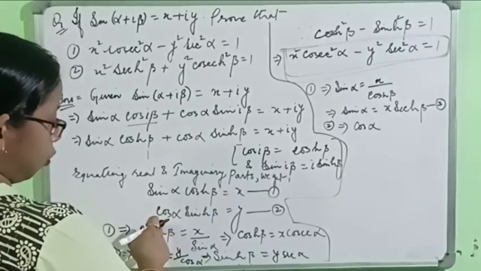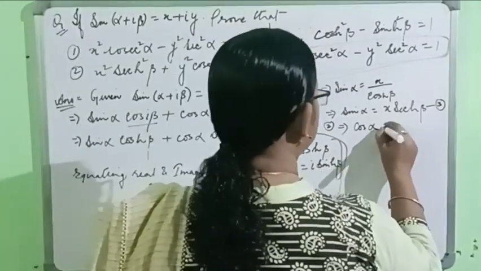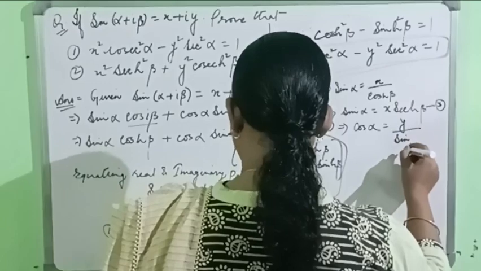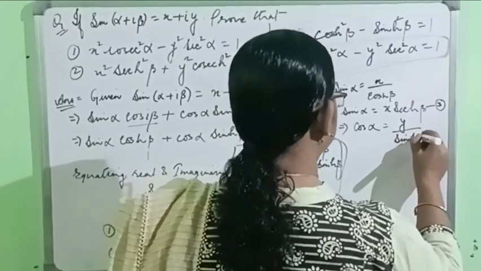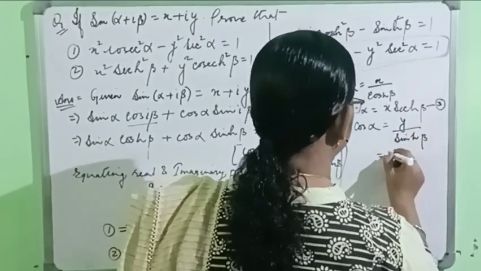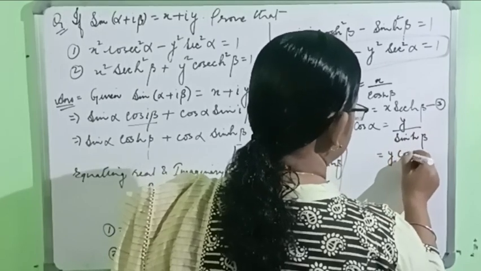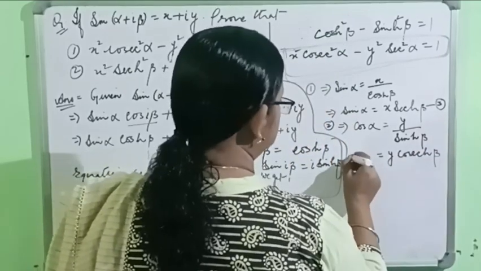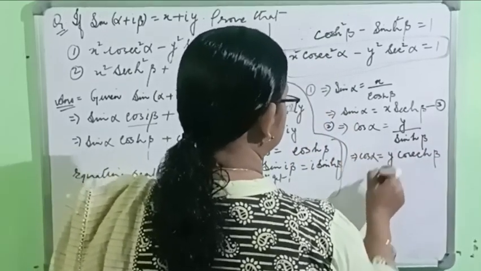I will be left with cos alpha. In the right hand side, I have y by sin hyperbolic beta, and 1 by sin hyperbolic is cosech. This implies cos alpha is y cosech beta. Call this 4.